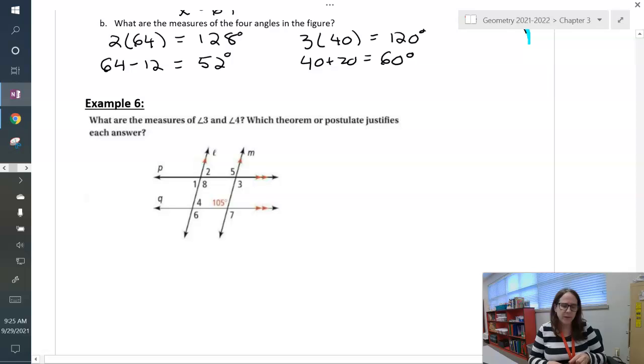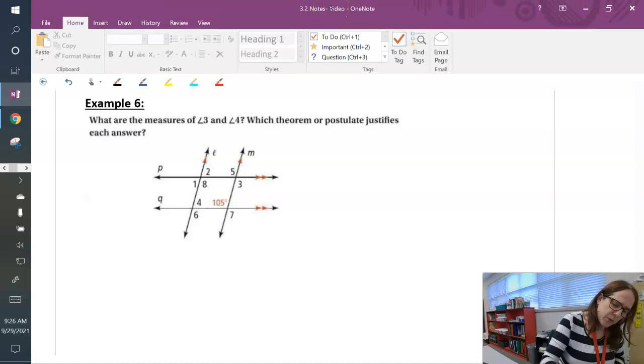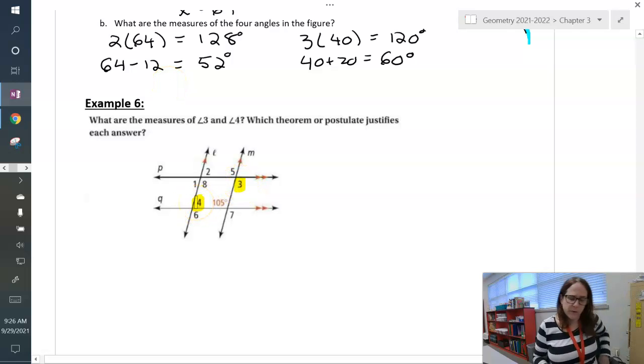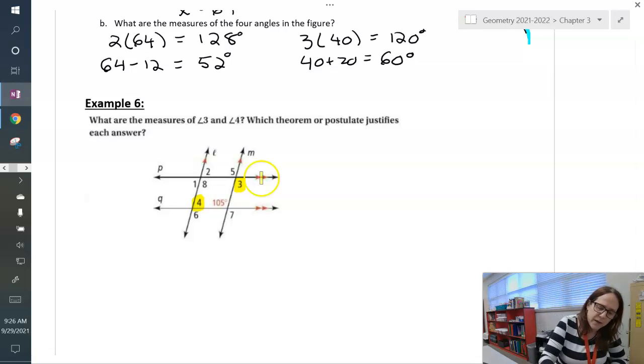And I think this is our last example. We're going to find the measures of angles 3 and angles 4. And as we go through, we're going to say how we got it. So here's 3, here's 4. Let's do angle 3 first. Notice we have two parallel lines. We have the transversal. Here's our transversal right there.